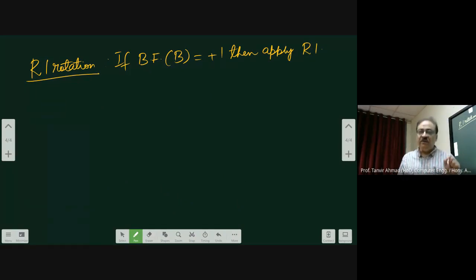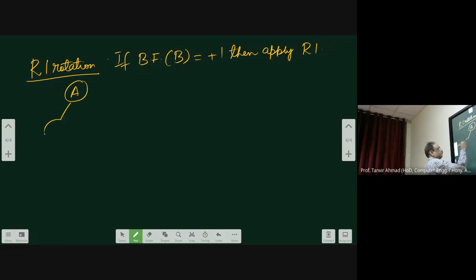And I am telling you again and again, B is not in the right but in the left. Now it means that when you are drifting in the right, you check the balance factor of left. Now let us try to draw the things to be clear to you.